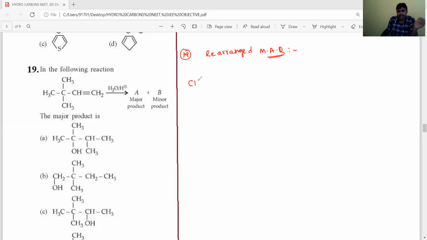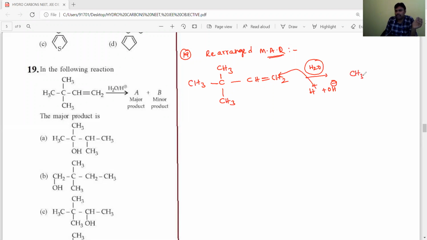Let's see the mechanism. Addition of water: we are adding water, which contains H plus and OH minus ions. According to the Markovnikov rule, the positive ion adds at the double-bonded carbon containing more hydrogens and produces a secondary carbocation.